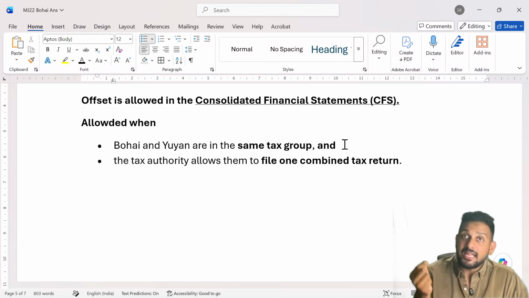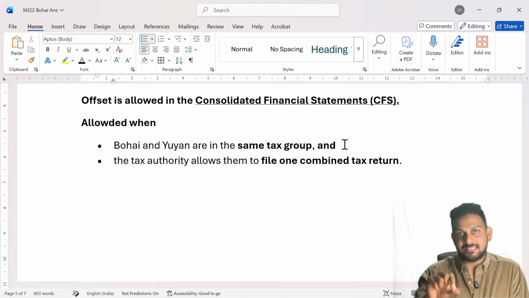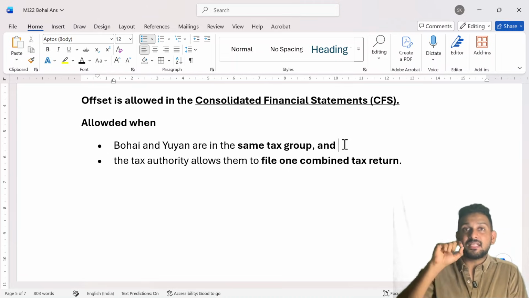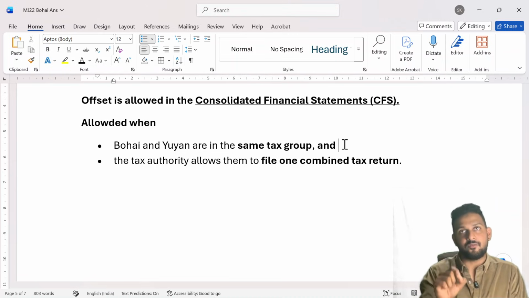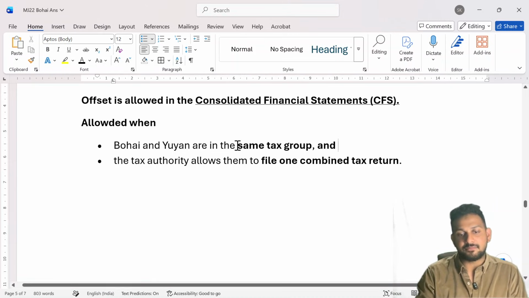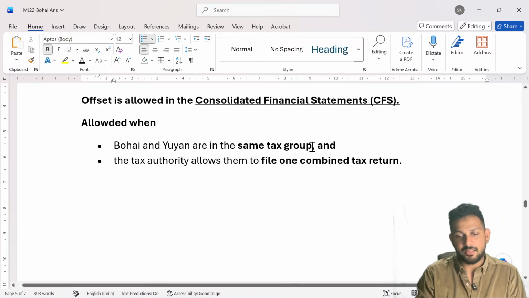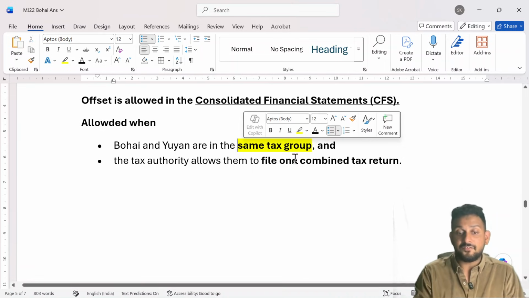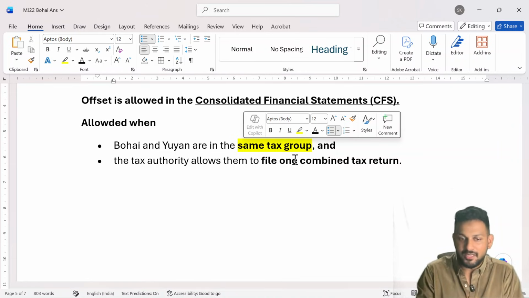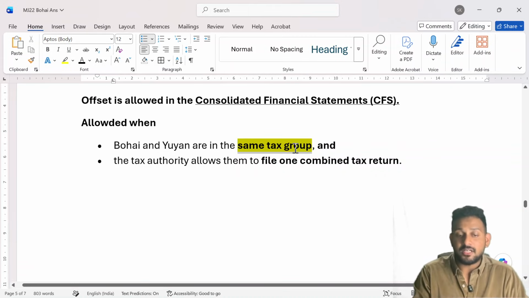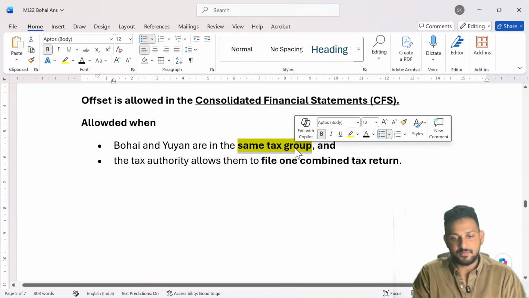If the tax authority is taxing both companies based on the consolidated profit, then they come under the same tax group. If both companies are taxed separately based on the individual SOPL profit, then they are not in the same tax group.